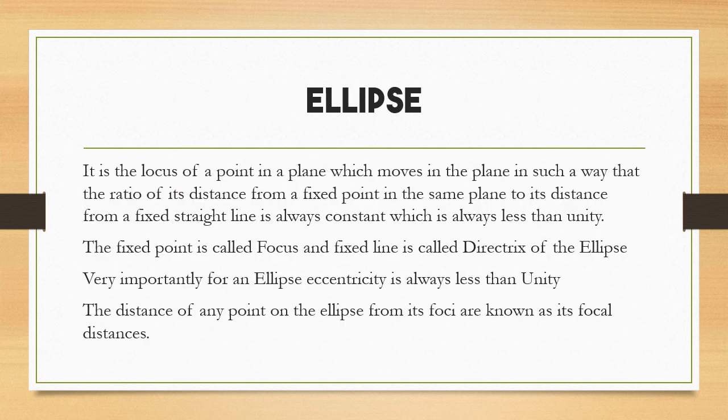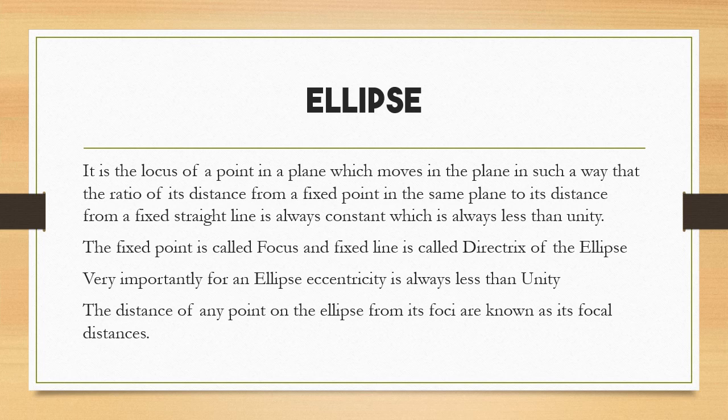In the next case, we'll discuss the next conic section, that is the ellipse. Okay, so what is an ellipse? It is defined as the locus of a point in a plane which moves in such a way that the ratio of its distance from a fixed point in the same plane to its distance from a fixed straight line is always constant, which is always less than unity.